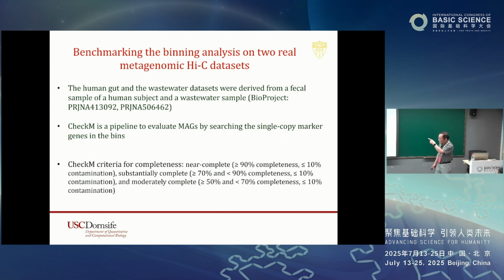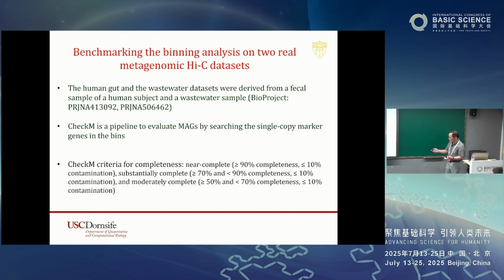This is the standard algorithm, CheckM, that other people developed to see whether the genomes you recovered are complete and how contaminated. In the community, there are standard criteria to see how good your cluster is, including the so-called near-complete genome. So if you have a clustering, you just ask how complete they are and how contaminated they are.